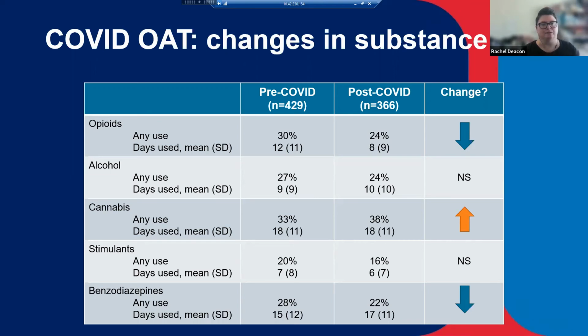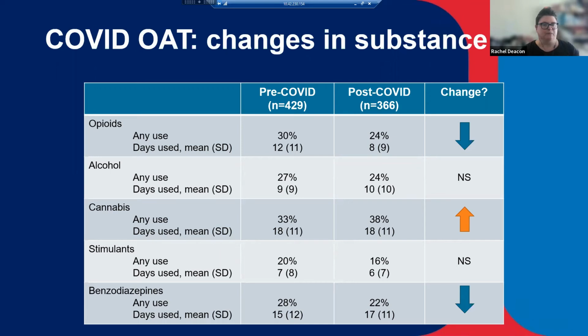So we were really interested to see if people's opioid use increased, alcohol use, stimulant use, and also benzodiazepine use. So one of our main outcome measures was, did a client increase on any of those 4 categories by that clinically meaningful amount of 4 days or more?